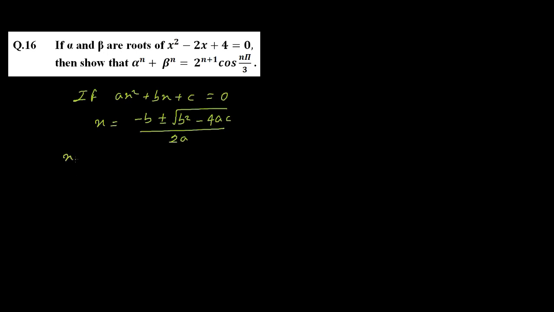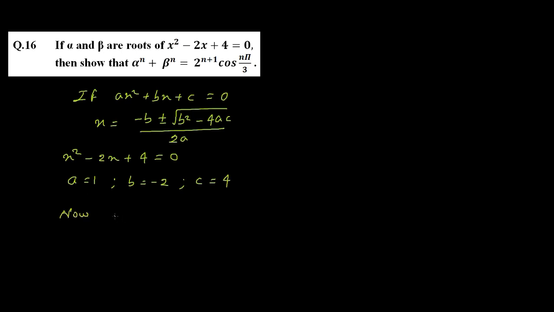Particularly in this question, x square minus 2x plus 4 is equal to 0. What is my a? A is 1, b is minus 2, c is 4.